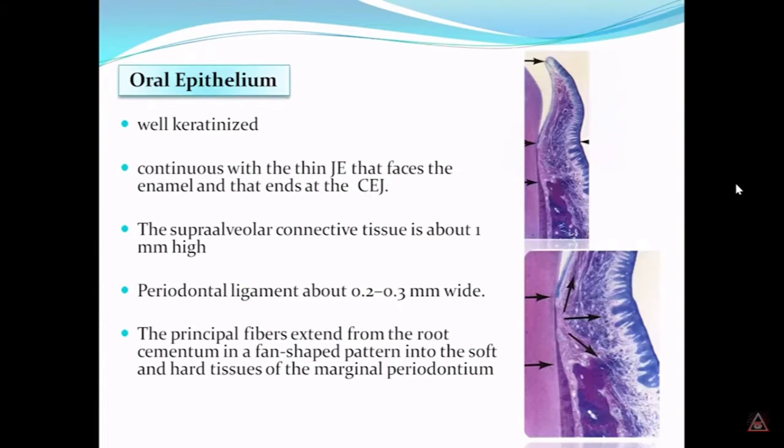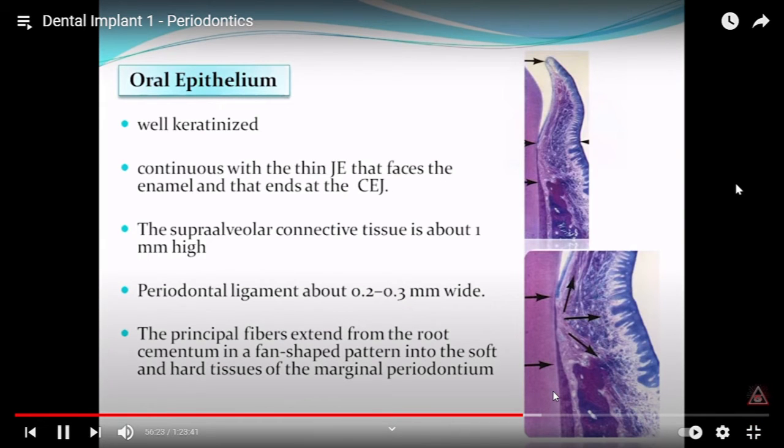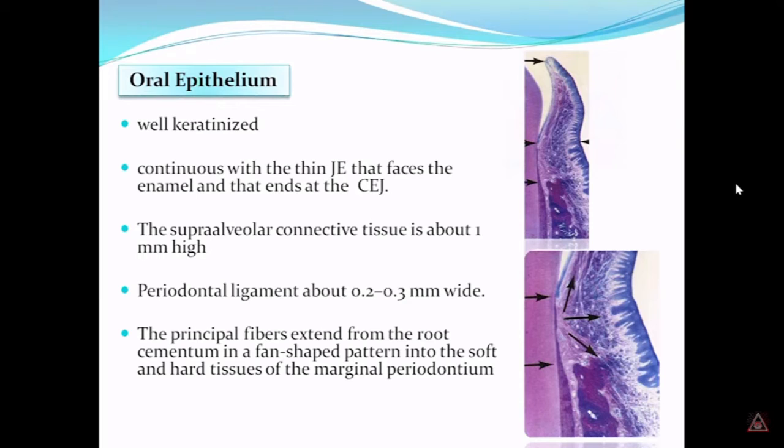Oral epithelium. In healthy teeth, as all of you know, it's well keratinized and continuous with the junctional epithelium that faces the enamel and ends at the supraalveolar connective tissue, which is about 1 mm high.